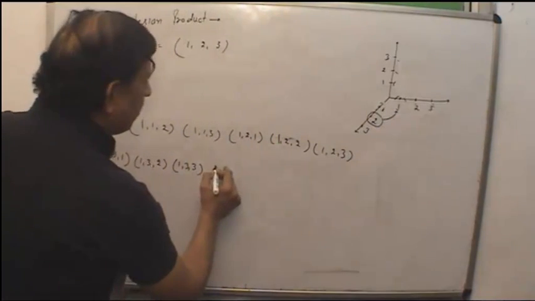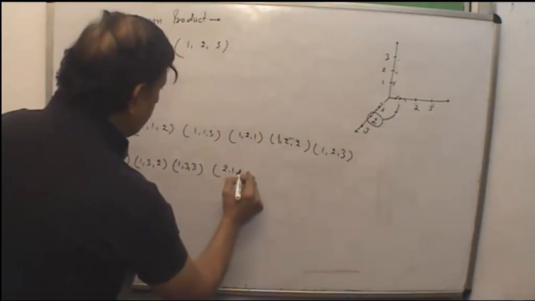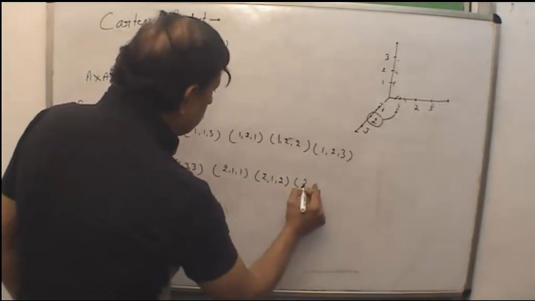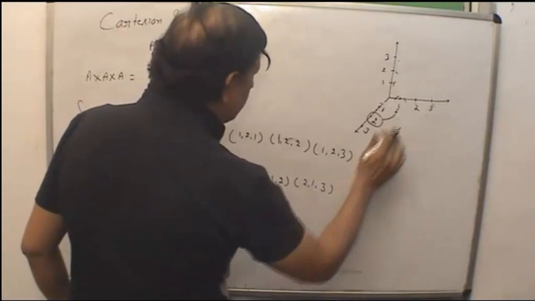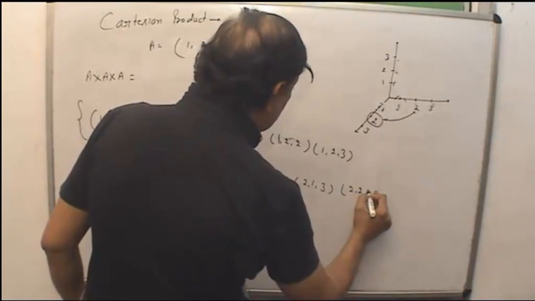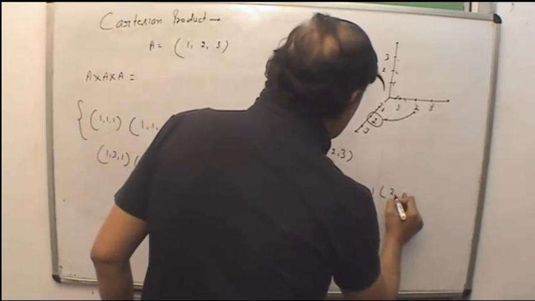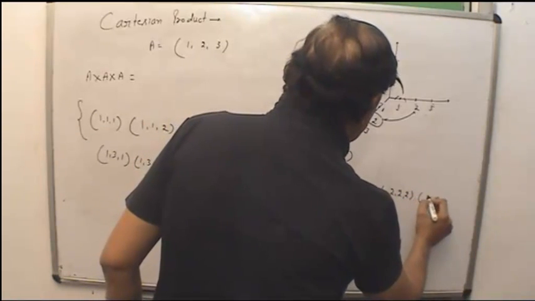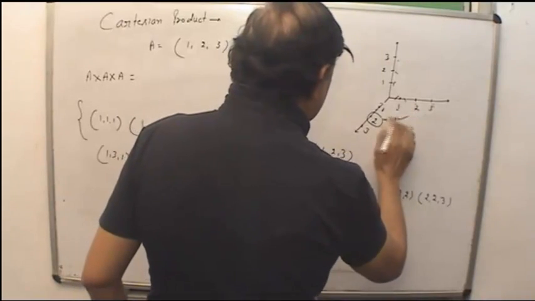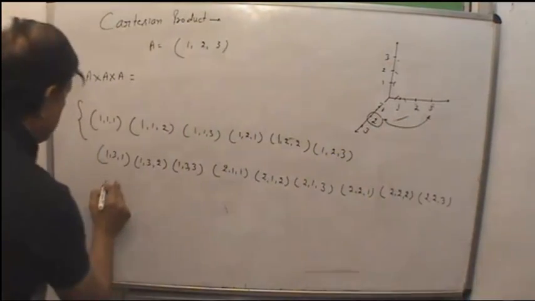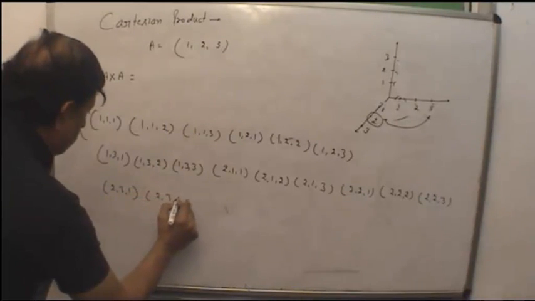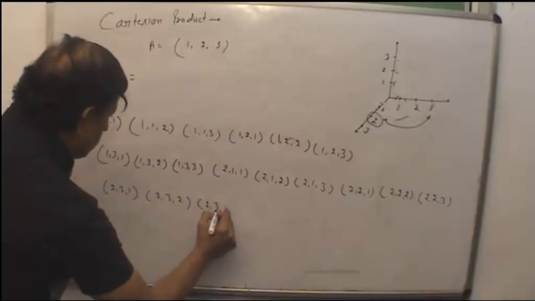That is 2,1,1; 2,1,2; 2,1,3. Then 2,2,1; 2,2,2; 2,2,3. Then with 3, it is 2,3,1; 2,3,2; 2,3,3.